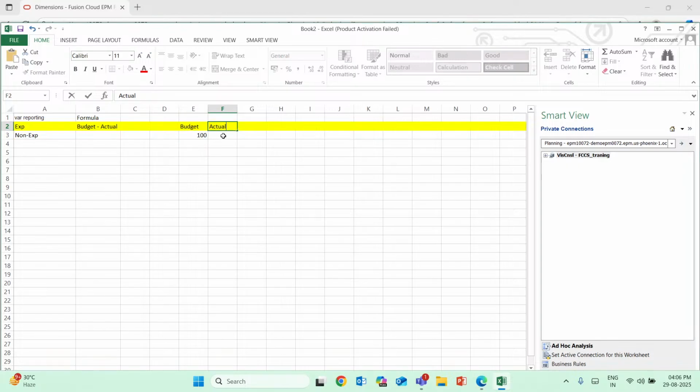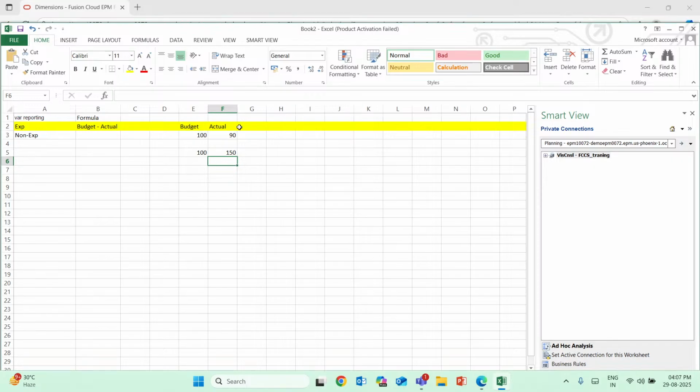So this is one scenario. This is the first scenario, and in the second scenario I'm going to take budget as 100 and actual amount is going to be 150. So we have to identify which is the favorable condition over here.